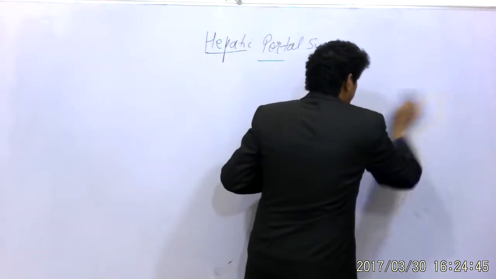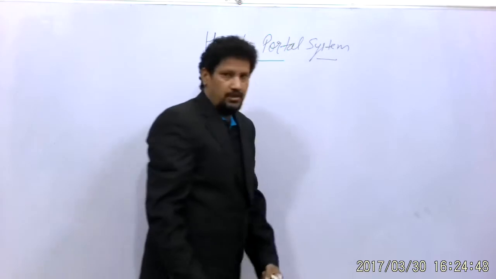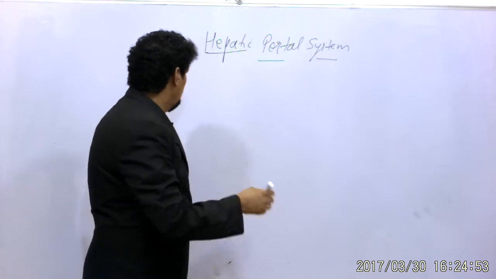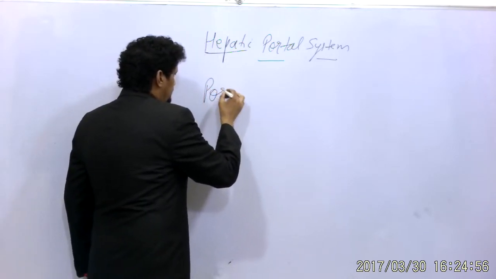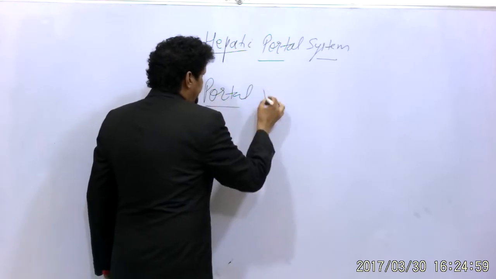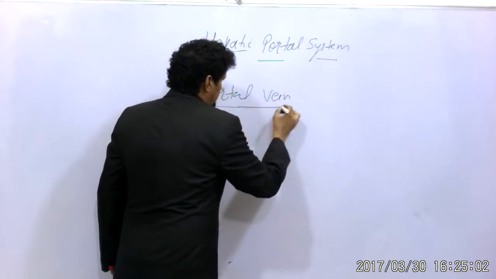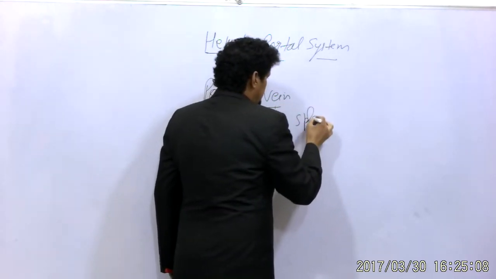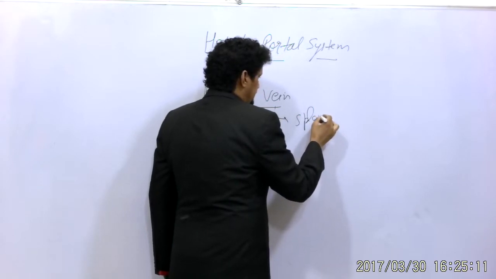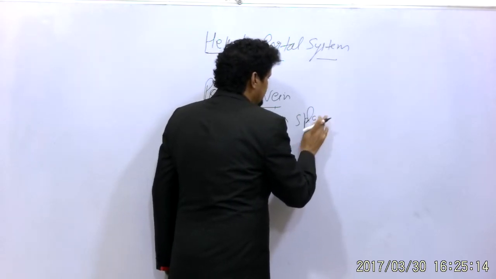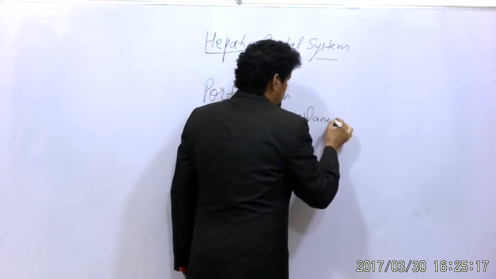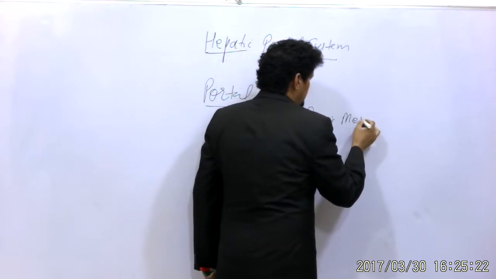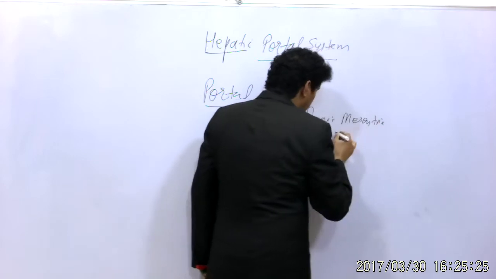The main component of this hepatic portal system is the portal vein. The portal vein, also known as the splenic mesenteric confluence.